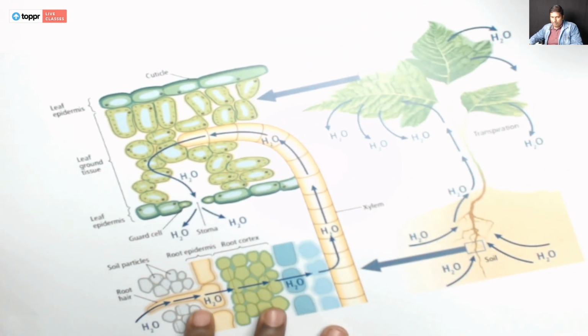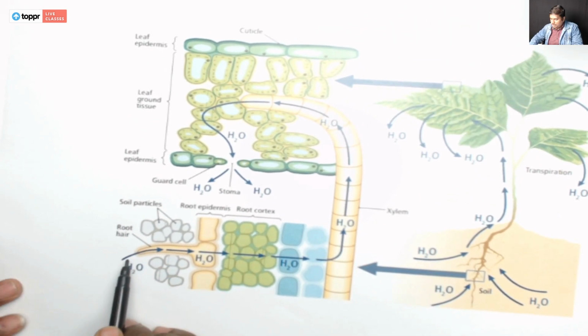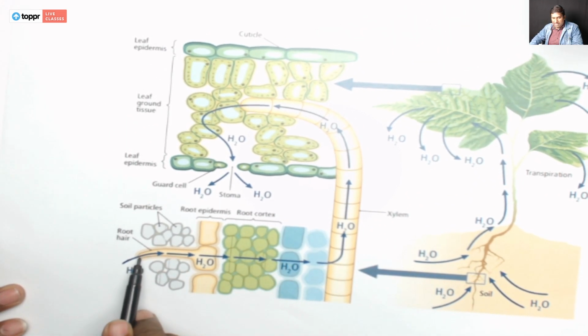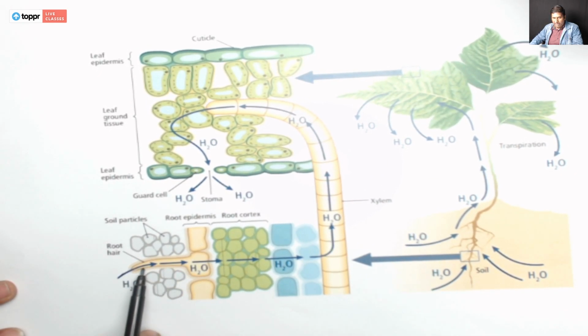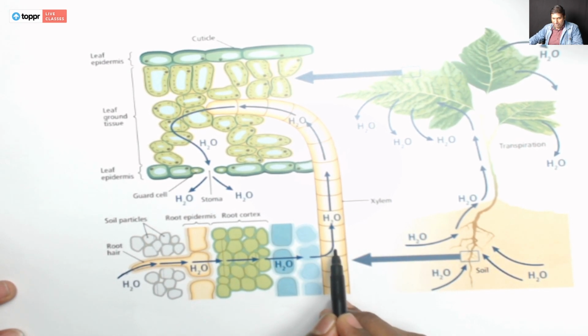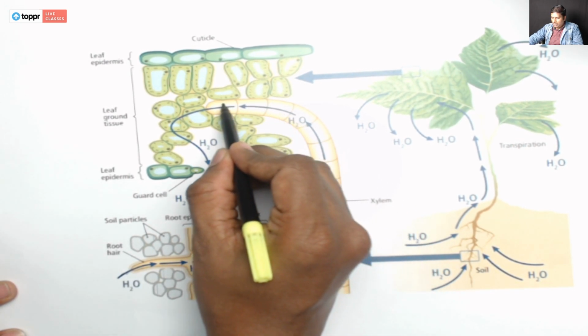So here, you see this is continuous. This is the root tip, right? From the root tip, that is root hair, the water is actually moving in, reaching the xylem, and through the xylem it is reaching all the way.